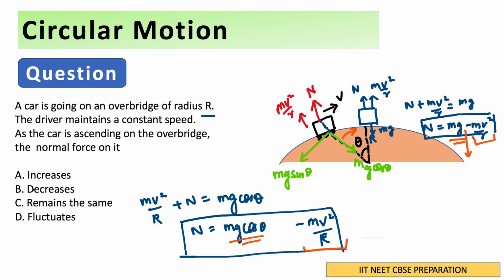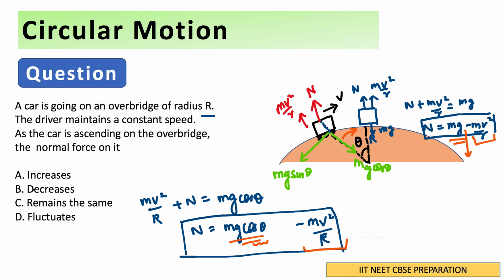And what happens with cos theta? Basically, if theta increases, cos theta will decrease, and if theta decreases, cos theta will increase. So here cos theta is maximum, cos 0, that is 1. And here cos theta will be a fraction, cos 30, cos 60, cos 70, whatever. So that is of course going to be smaller than 1.